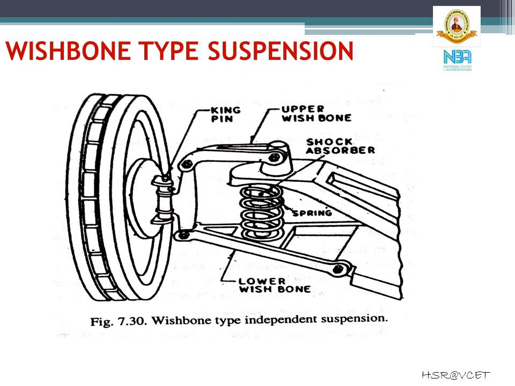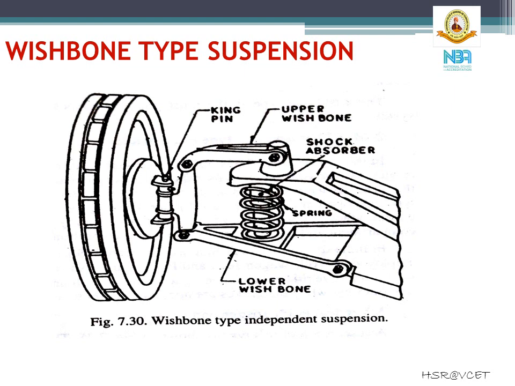The spring is placed in between the lower wishbone and the underside of the cross member. The vehicle weight is transmitted from the body and the cross member to the coil spring through which it goes to the lower wishbone member. A shock absorber is placed inside the coil spring and is attached to the cross member and the lower wishbone member.